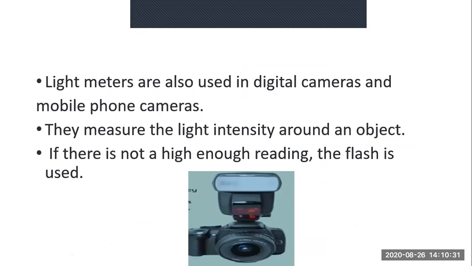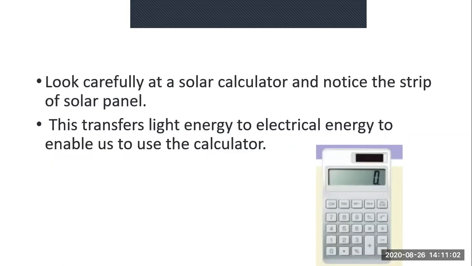Okay, let's continue. Last lesson we mentioned examples of where light intensity is used. You know that digital cameras or mobile phone cameras use light meters. If there is not enough light, the flash is automatically used. We also mentioned the solar calculator.